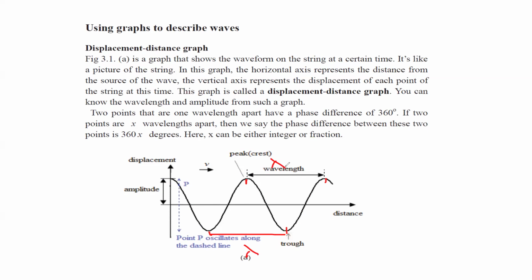So in a displacement and distance graph, the horizontal distance between two successive crests is the wavelength. But if it is a displacement and time graph, the horizontal length is not distance, it's the time axis, so it refers to the time period. Time period means the time taken by the wave.